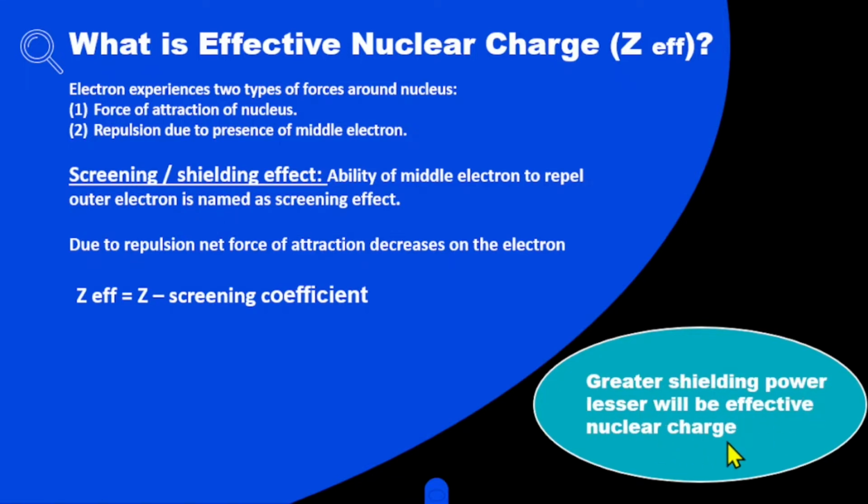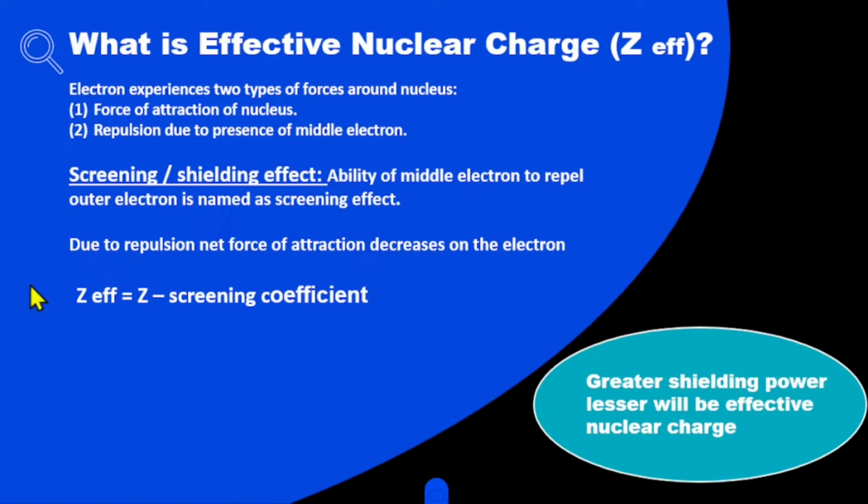You can just consider shielding power as a barrier. If this barrier is more, there will be less force on the outermost electron, hence effective nuclear charge will be less. And if effective nuclear charge is less, definitely the electron will experience less force.